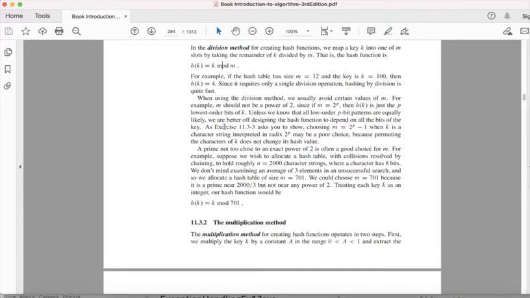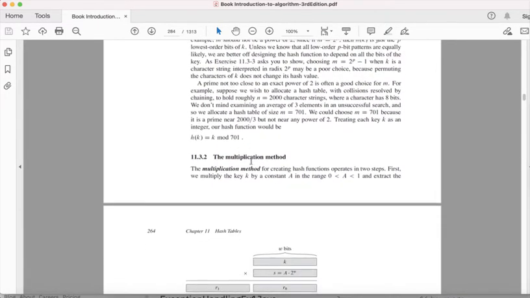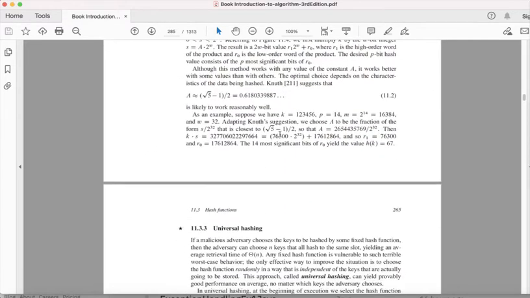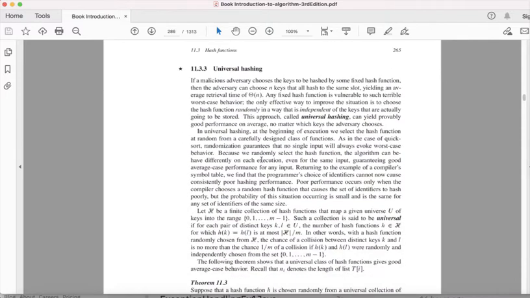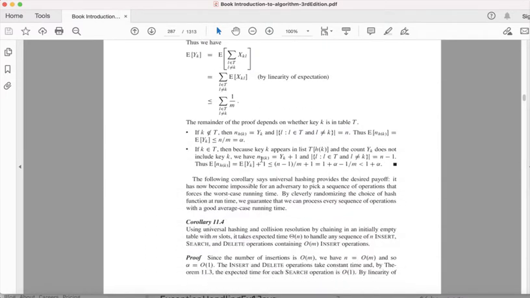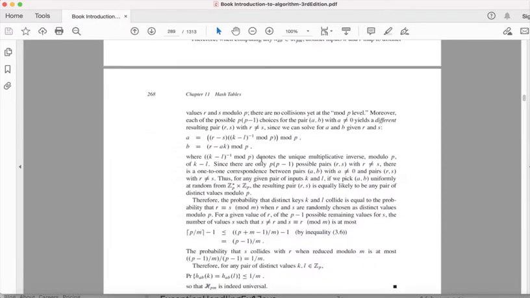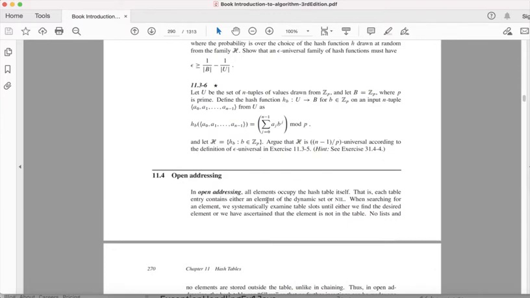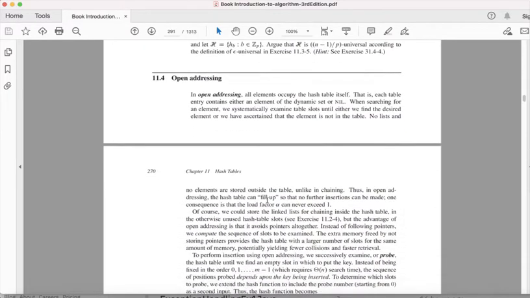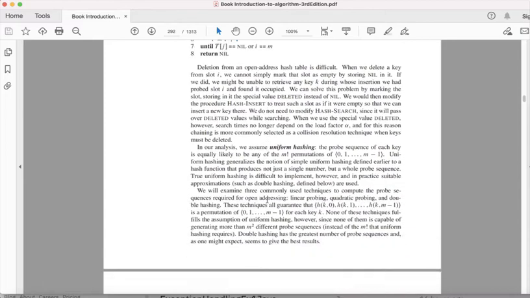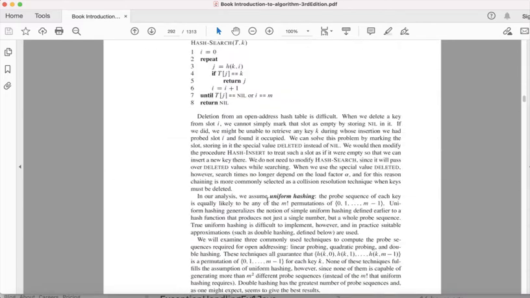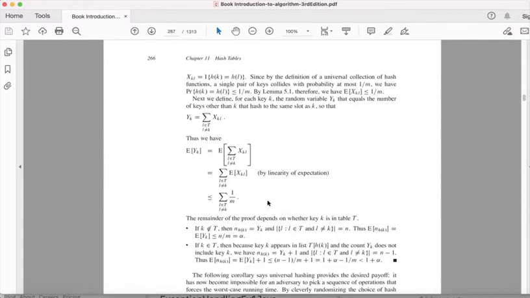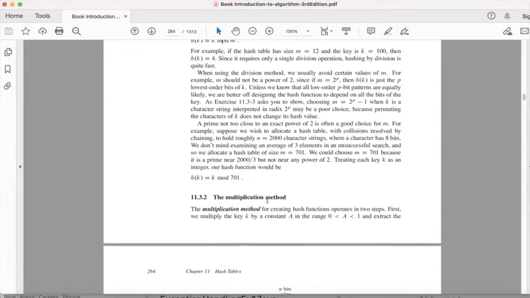Another one is called the multiplication method. Then there is universal hashing, and quadratic hashing, quadratic hash functions. These are called open addressing. Maybe we'll discuss open addressing in another lecture.